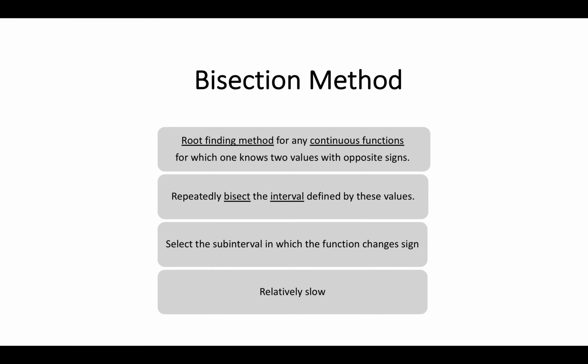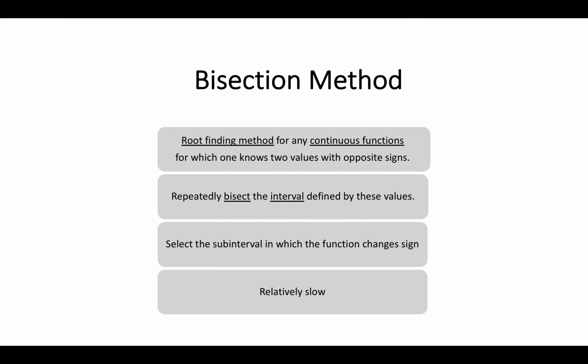So there should not be a zigzag structure of the function within that interval, and one knows two values with opposite sign. Suppose we have an interval a and b, so we must know two values in this interval such that the function has a positive value at a certain point and a negative value at another point in the same interval.